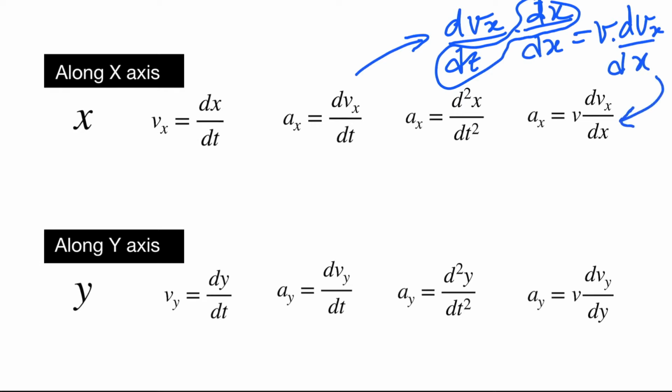So whenever the acceleration is a function of position or displacement, then we use this formula to solve the problem. We will understand it more when we start doing some numericals based on different scenarios of motion in a plane.